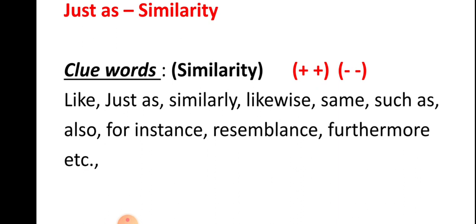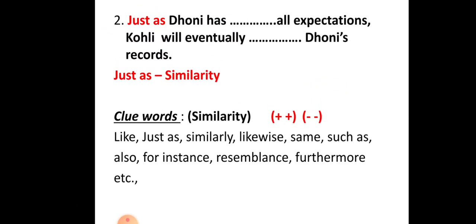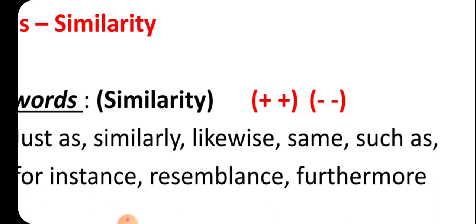So whenever you are indicating a similar relation, you need to ensure there should be either positive words or negative words in both the blanks. So now we have decided that we'll be searching for either plus plus or minus minus combination.